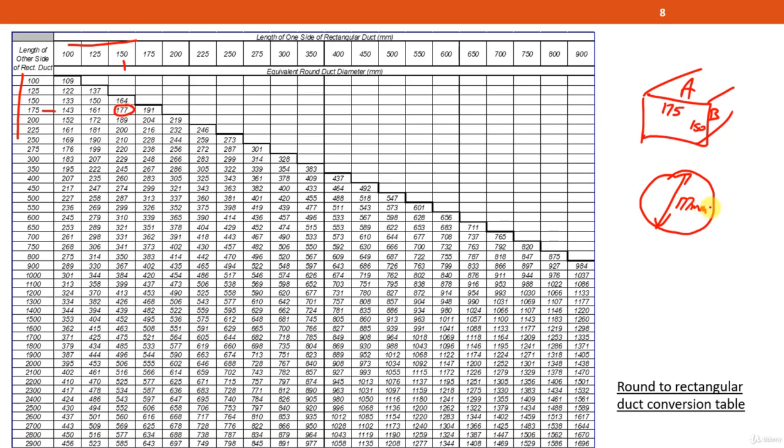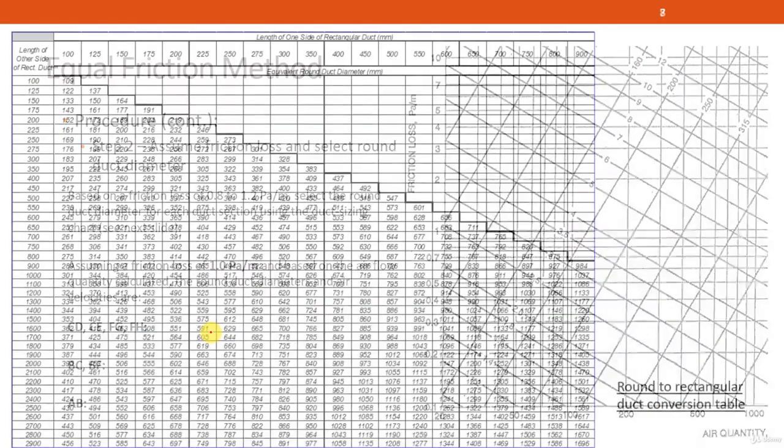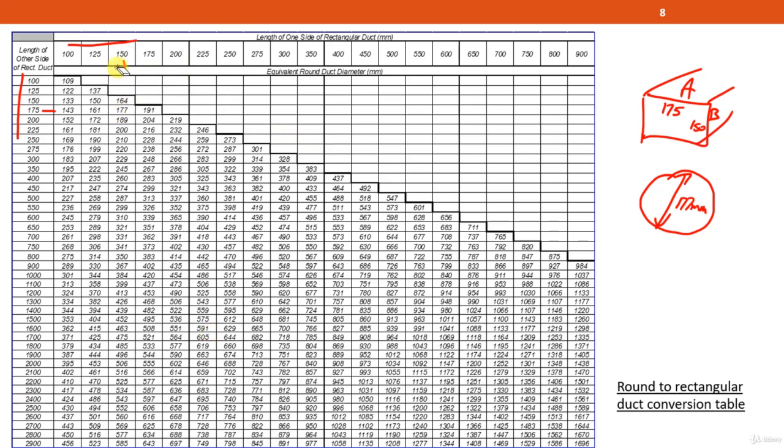Okay, so the problem is not all the numbers, as you can see, are available. For example, our first round duct diameter that we are interested in is around 185. So let's go and look for 185 over here.